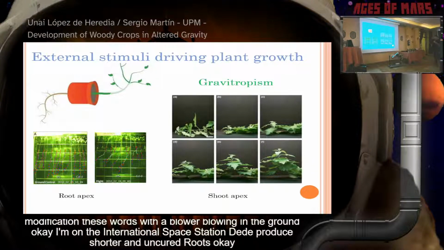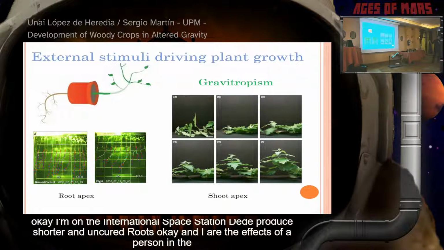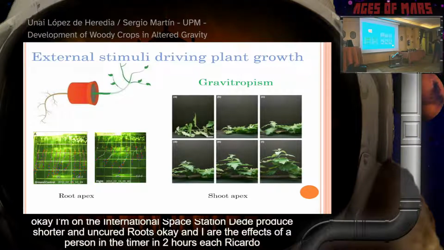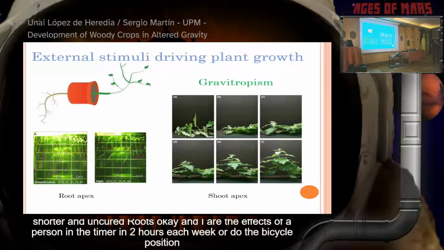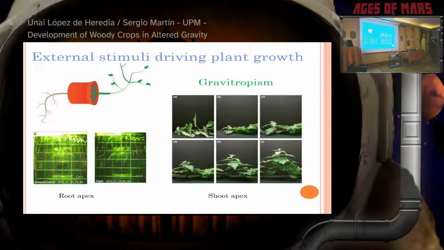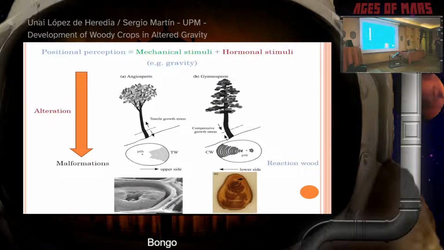And this is the effect of gravitropism in Populus tremula. Populus tremula is a tree that was put to grow horizontally, and in 2 hours it recovered the vertical position. So more or less, the gravity effect on plant growth is well characterized.